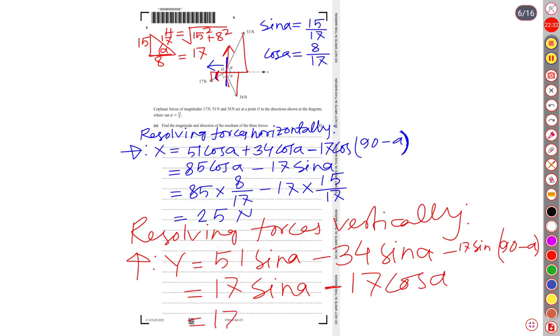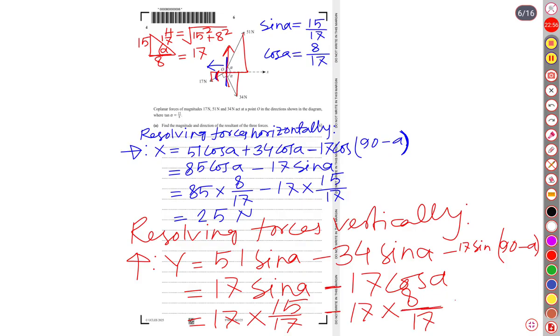Now we are going to substitute the values. It is 17, and sine alpha we have got, it is 15 over 17, minus 17 into cos alpha is 8 over 17. So finally our resultant force is what?